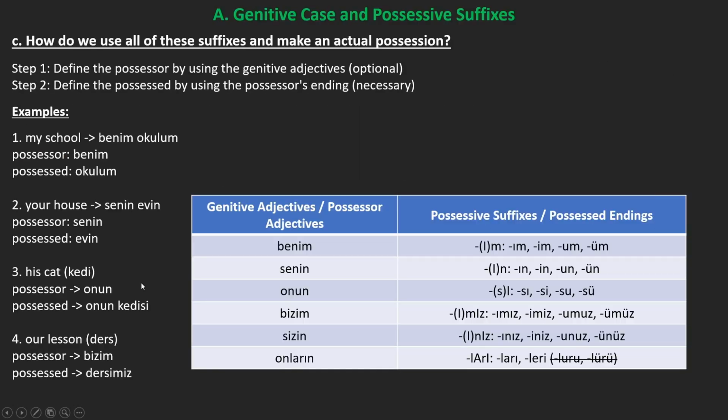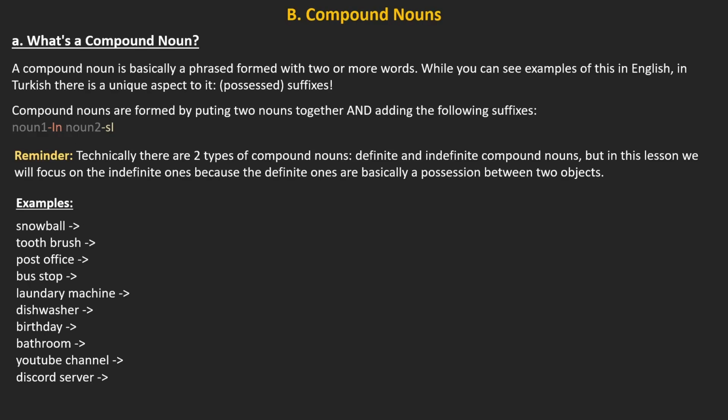So I want to go back. We use these suffixes on the second one. And in Turkish books, there are technically two types of these compound nouns, but the first one, the definite one, is basically just saying my thing, like the cat's eye, the child's backpack, the child's lessons.